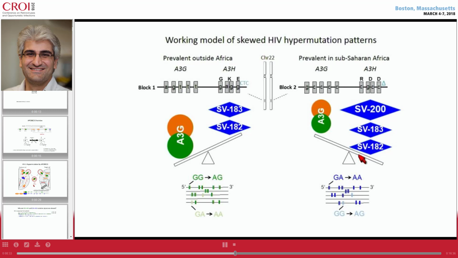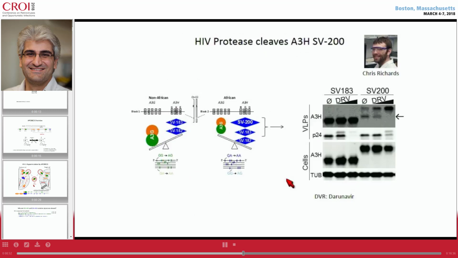Not only are these SNPs of A3H good, but you also have an additional splice variant because of this CTC deletion. So we think A3H is winning here, and you see the blue signature in HIV sequences hypermutated by this genotype. If you have both alleles, you can hypermutate by both.